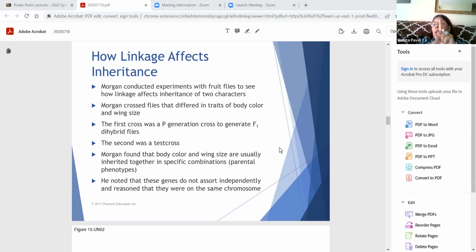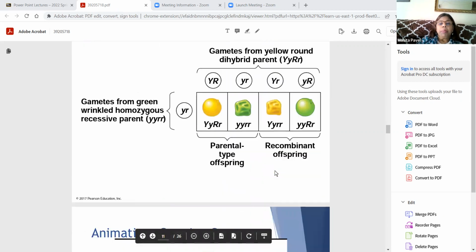Genes that are located further away on the chromosome will be inherited later. And that's what Morgan determined while carrying out his genetic experiments, that these genes do not assort independently. And therefore, he reasoned that they had to be on the same chromosome.